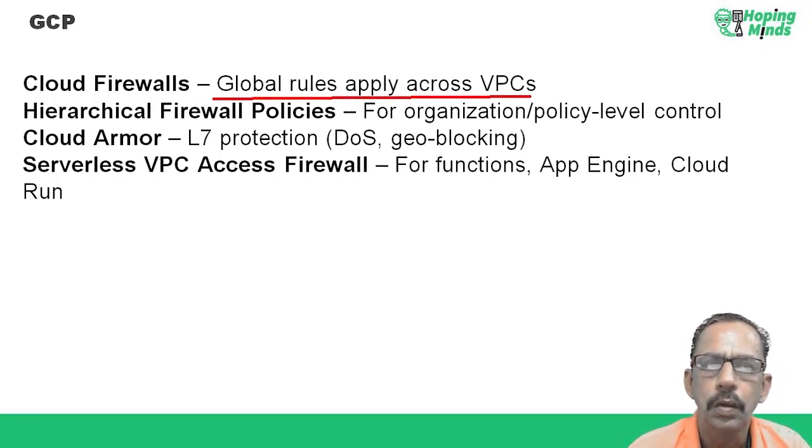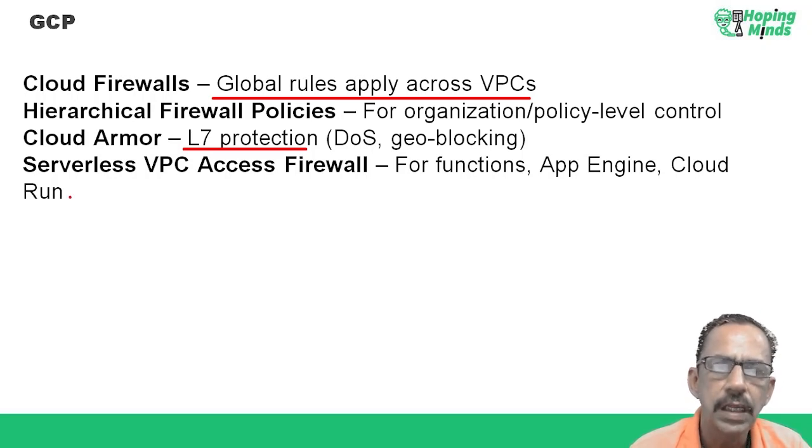In GCP, cloud firewall with global rule apply, hierarchical firewall policy, Cloud Armor, L7 protection, layer 7 protection. In the case of AWS, we are saying web application firewall, that is also for layer 7 protection, and serverless VPC firewall access.